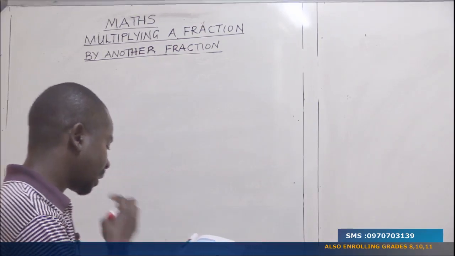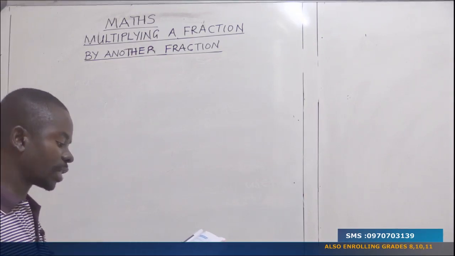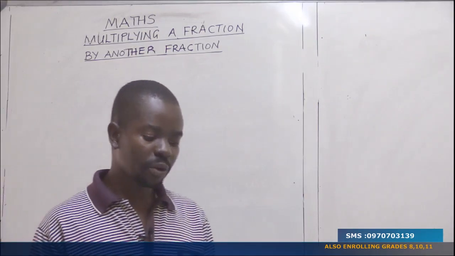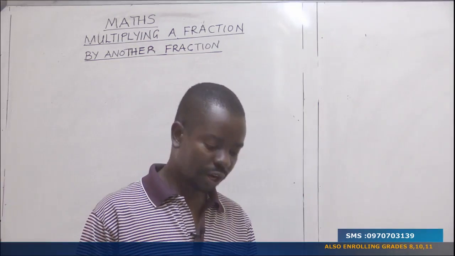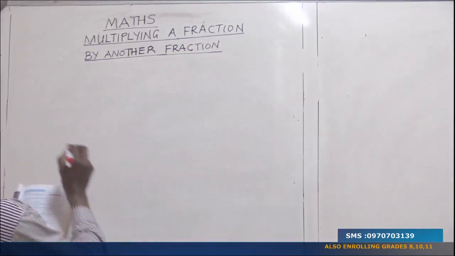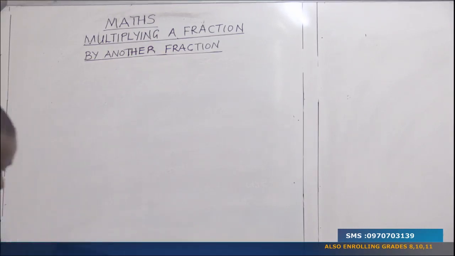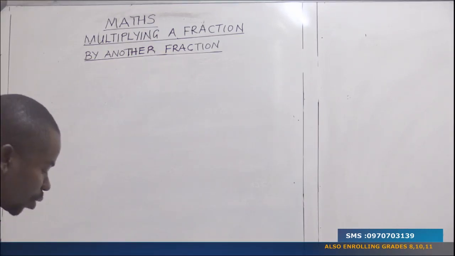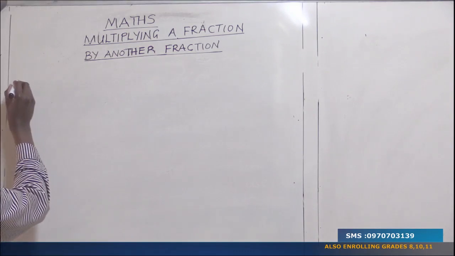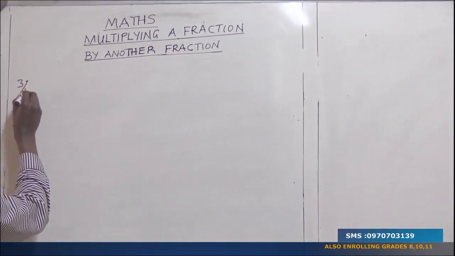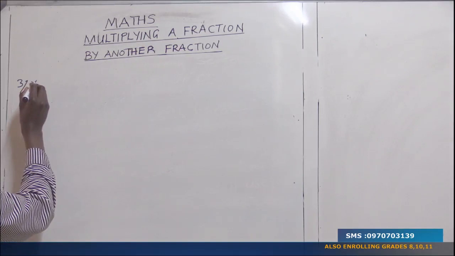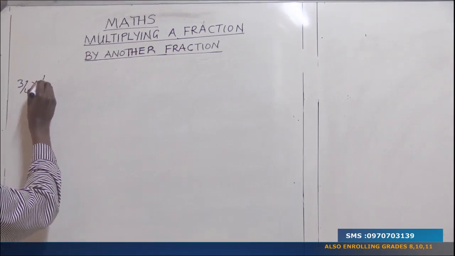Okay, so last time I told you to multiply each of the following whole numbers by 3/4. For example, 3/4 times 4.